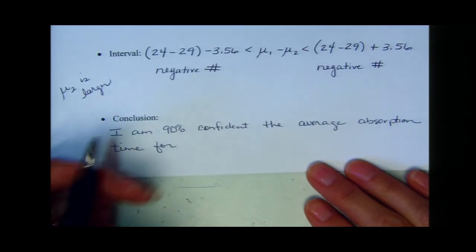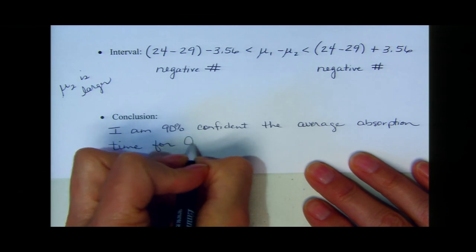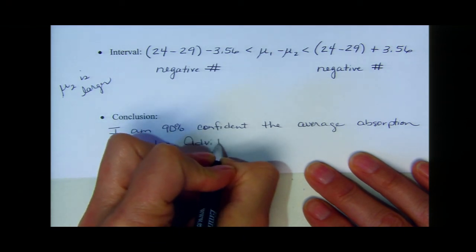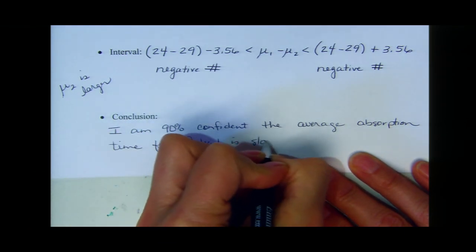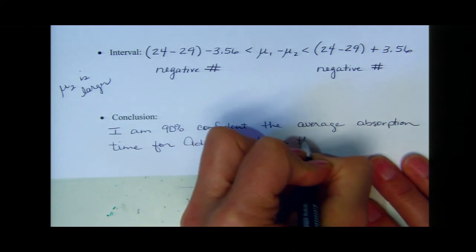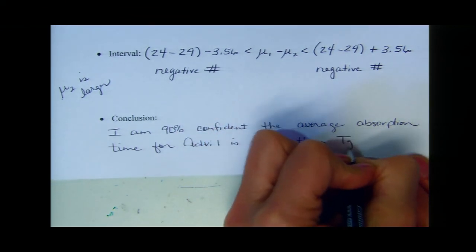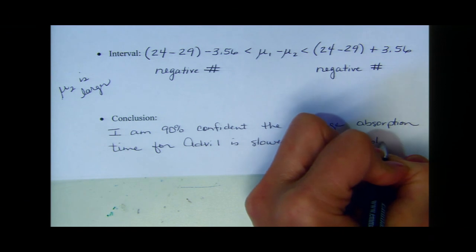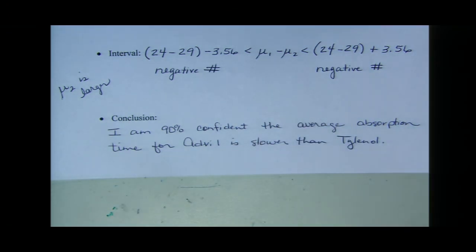So the absorption time for Advil is slower than Tylenol. And that completes chapter 7.